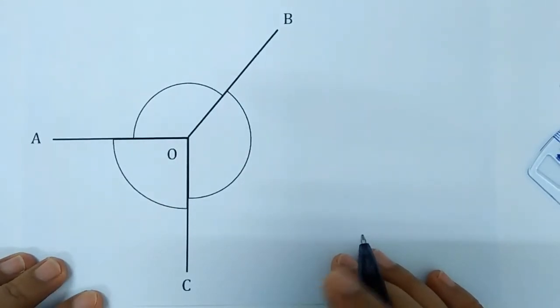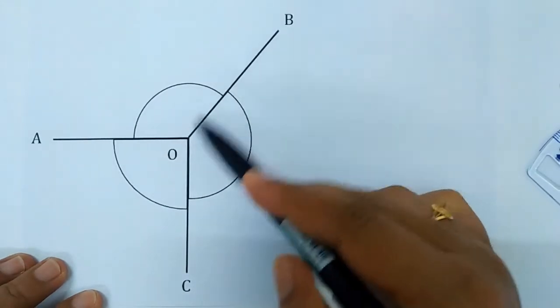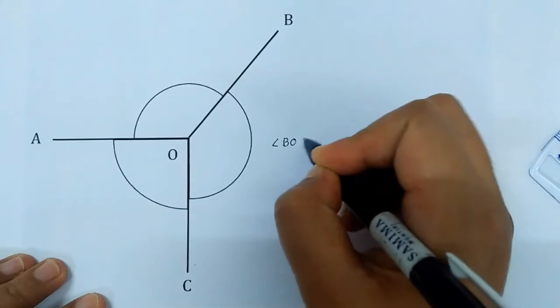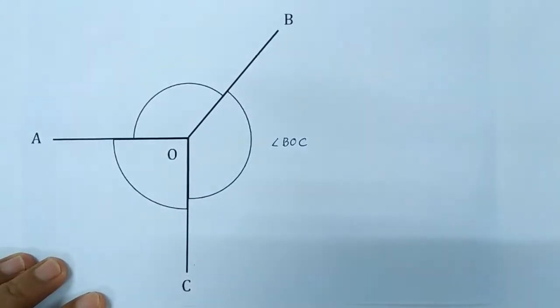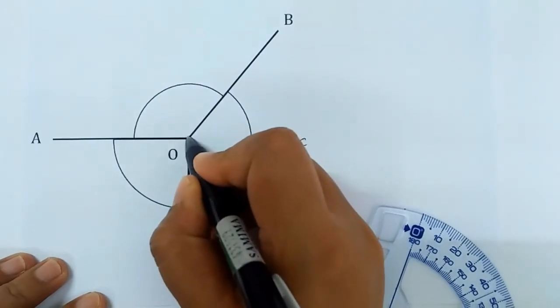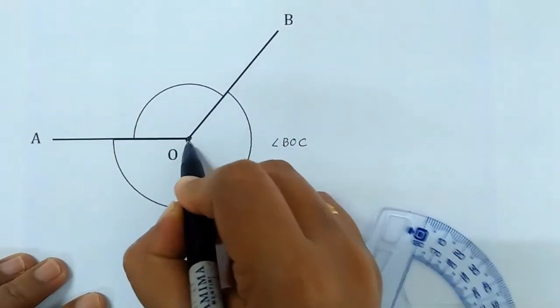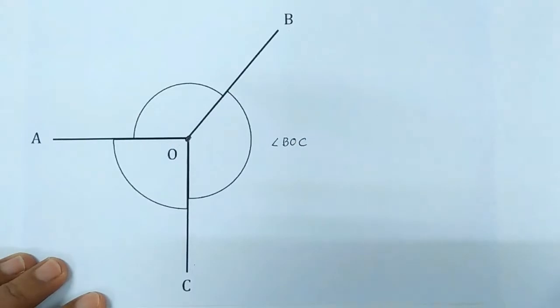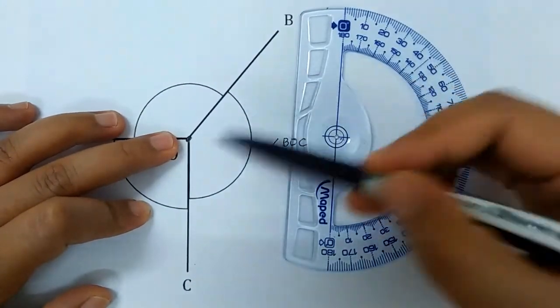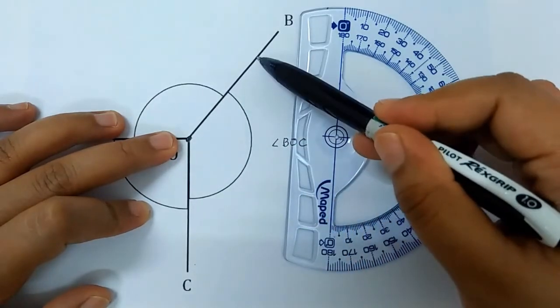So we have here angle BOC. Let's measure angle BOC. So the vertex is here. We're going to place the center mark here, and one line must be aligned to the baseline. It's either this line or this line.